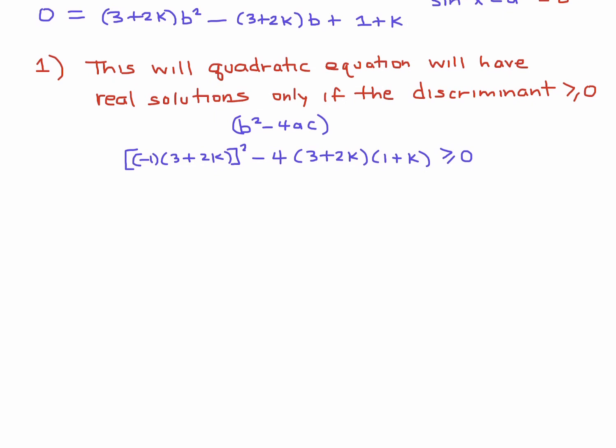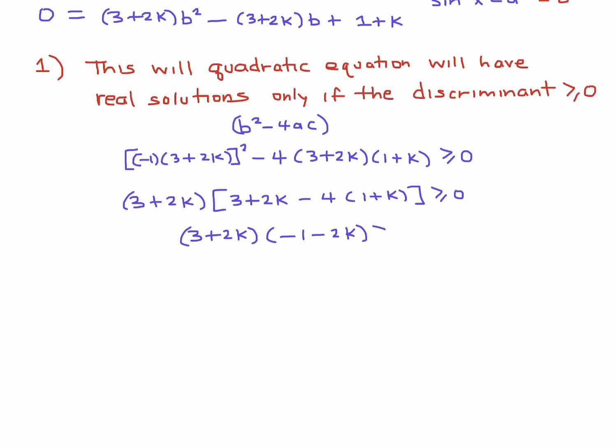Okay? So I think we can move that up a little bit. All right, we've got a little bit of algebra here. So we got 3 plus 2k times, in brackets, 3 plus 2k minus 4 times (1 plus k), and that is all greater than or equal to 0. And then simplifying, we get 3 plus 2k, and in the brackets, it's going to be minus 1 minus 2k, greater than or equal to 0.